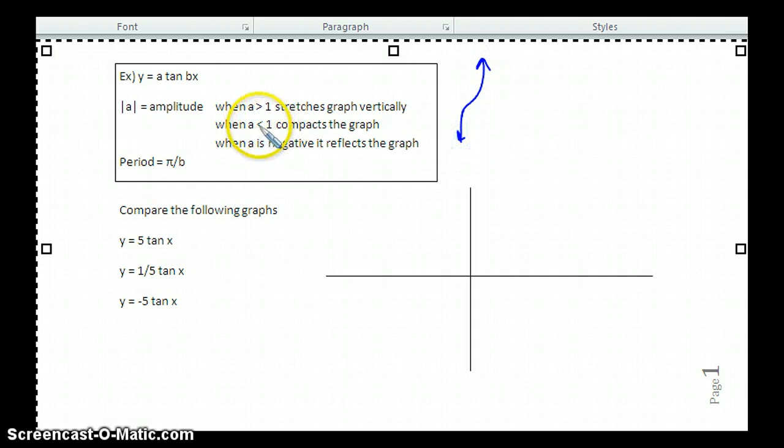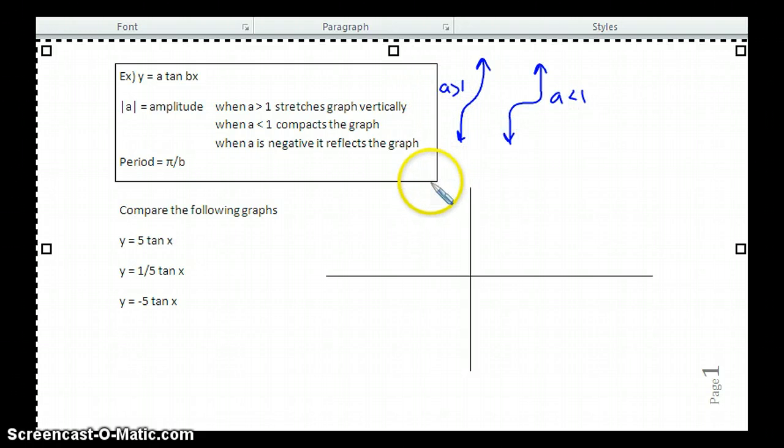Now when a becomes less than 1, so when it's a fraction, like for example 1/5, the graph is being more compacted. So think about it, if you were to push this end down and push this end up, the graph would be more like this. It would have a much bigger curve to it. So this is when a is less than 1, whereas this is when a is greater than 1.